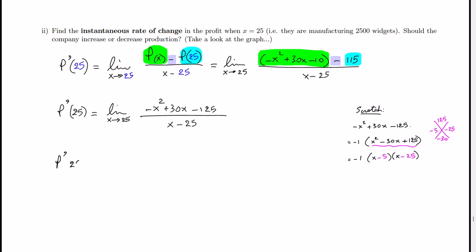So p prime of 25 is the limit as x approaches 25. And now my numerator is going to have negative 1, and then x minus 5, and then x minus 25, all divided by x minus 25 again. And I'm doing all this so you can see that the x minus 25 can be reduced to lowest terms.